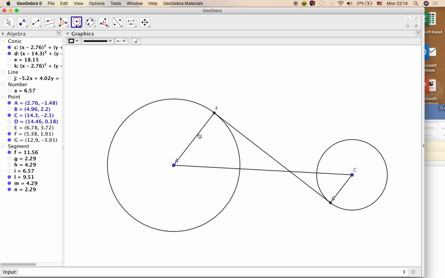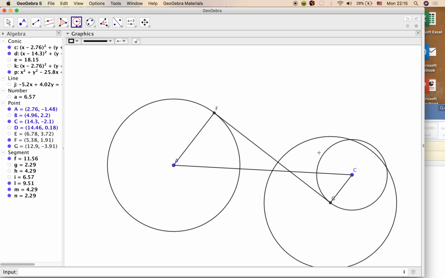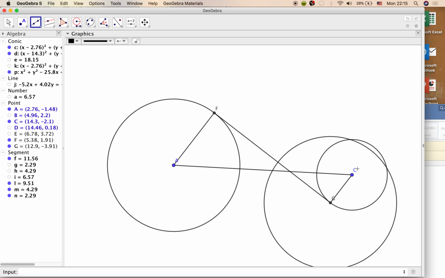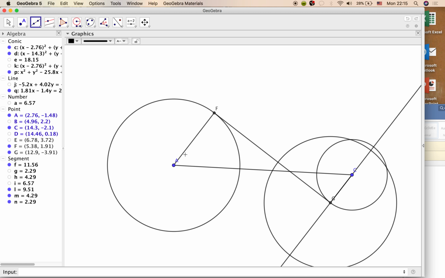So we want to draw a circle at G with segment GF, so we can add it to our original length. And we are just going to draw the line segment CJ there and label this intersect.